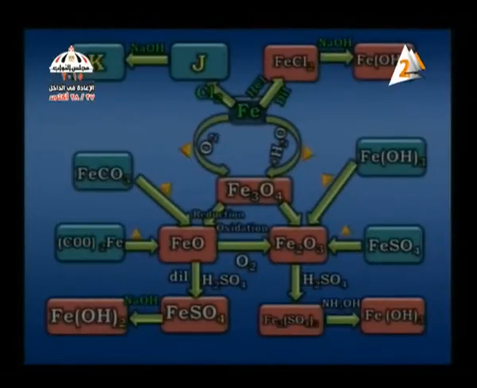Then, on reacting iron with chlorine, we will get compound J. If you write the chemical equation indicating this reaction, you will find that compound J is iron 3 chloride. That iron 3 chloride, on reacting with sodium hydroxide, gives compound K, which is iron 3 hydroxide that has reddish brown color.